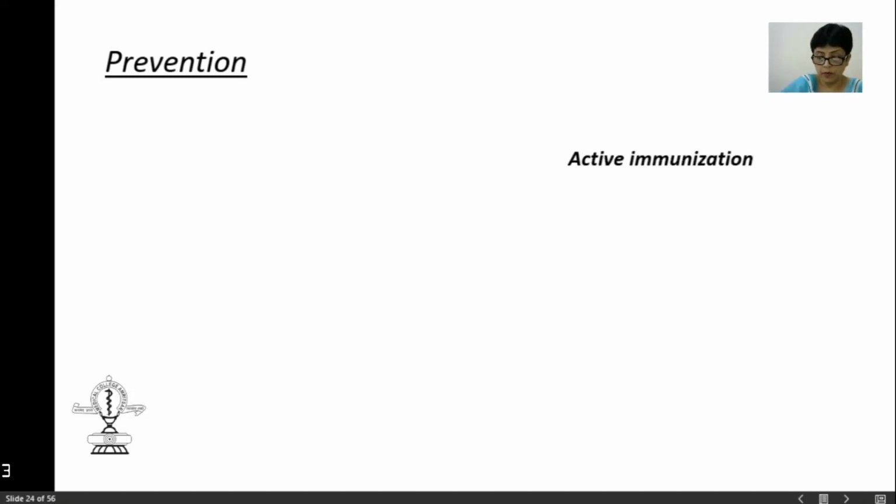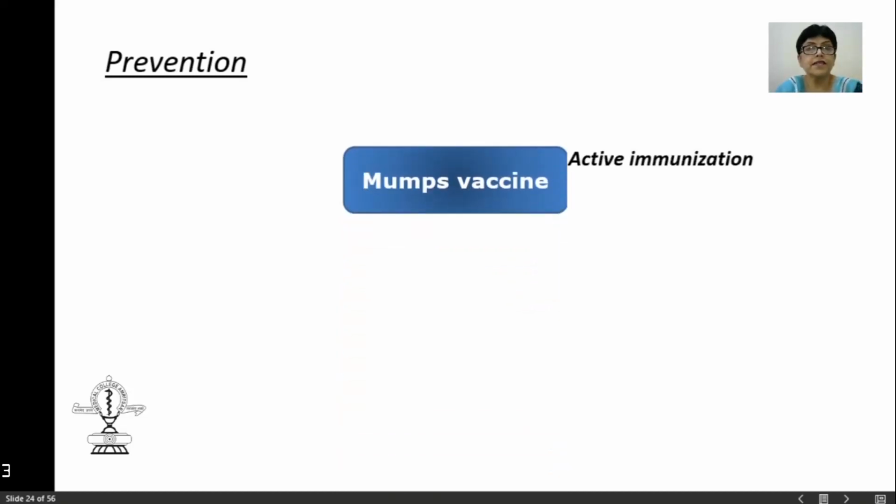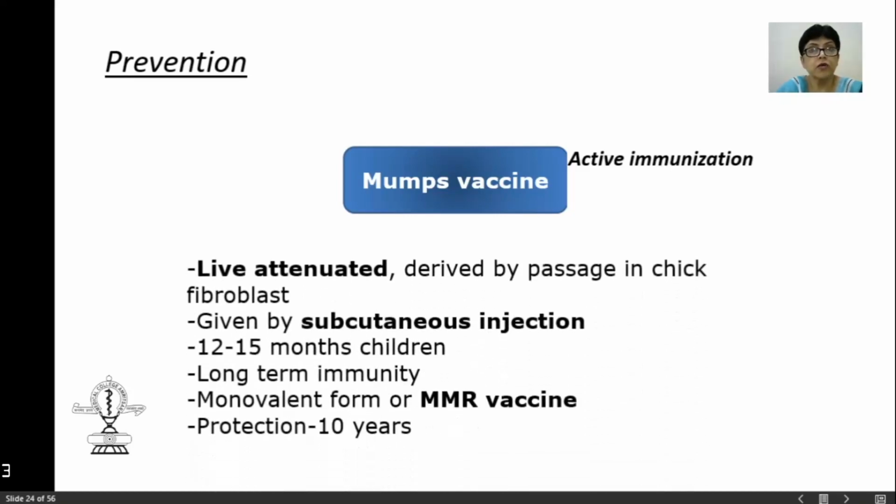The most important aspect is the mumps vaccine, prevention in mumps, which can also be given to you as a short note alone, either a short note on mumps or a short note on MMR, or maybe a vaccine for mumps and measles and rubella. So you should be all aware of this. Active immunization is the way to prevent this infection, and the numbers have come down dramatically ever since this vaccination was introduced.